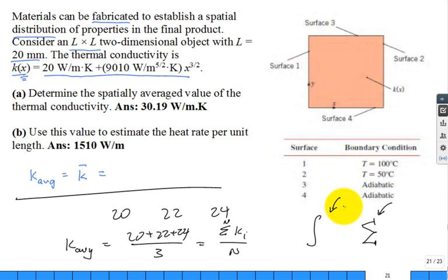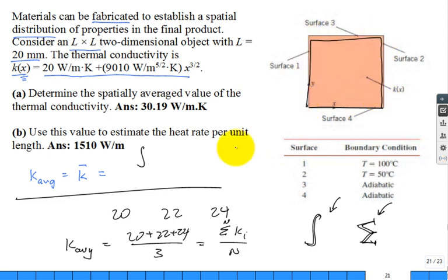Now you're ready to do the K average. In the numerator, instead of a sum, I'll do a continuous sum, an integral. If you wanted, you could integrate over the entire area.